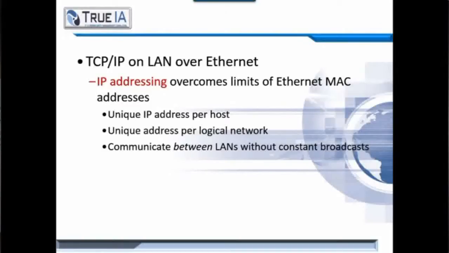To overcome this, we use IP addressing. There is a unique IP address per host, unique addresses per logical network. They communicate between LANs without a constant broadcast having to be sent.